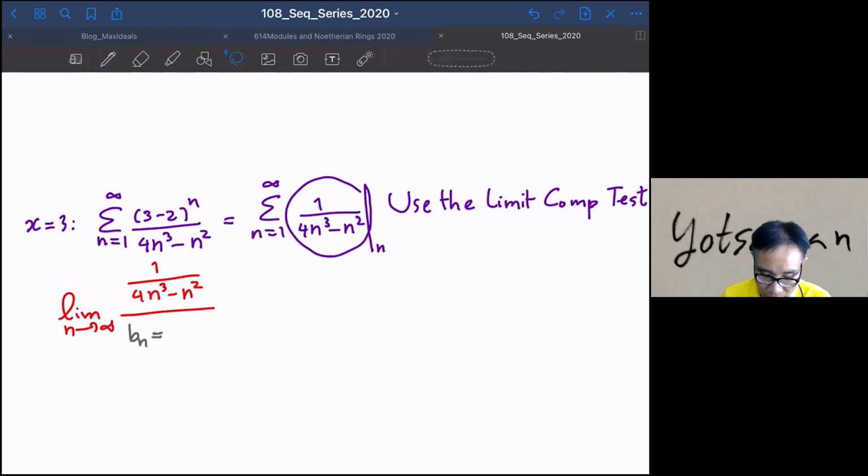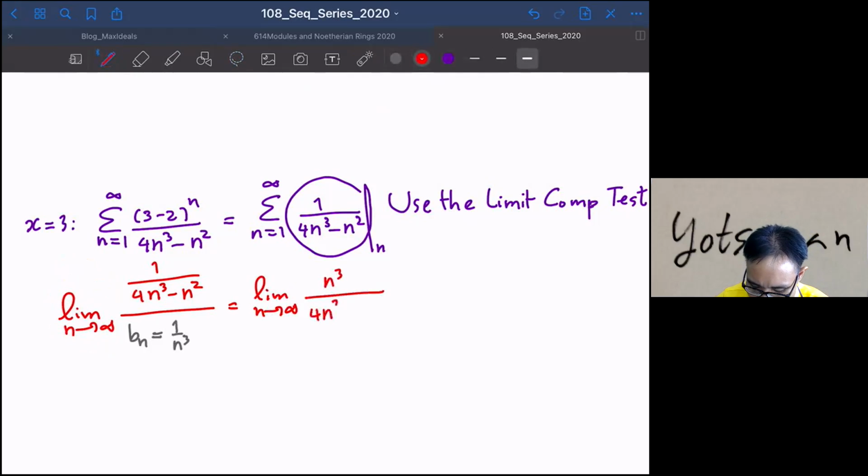So b_n is equal to 1 over n to the third. This becomes the limit as n goes to infinity of n cubed over 4n cubed minus n squared, and this limit is equal to 1/4, which is more than 0.